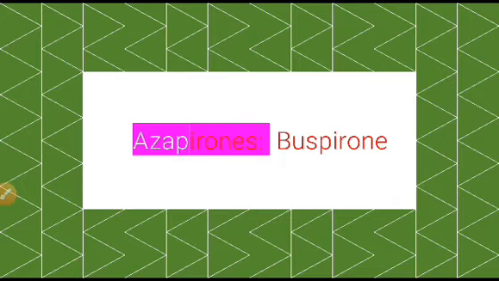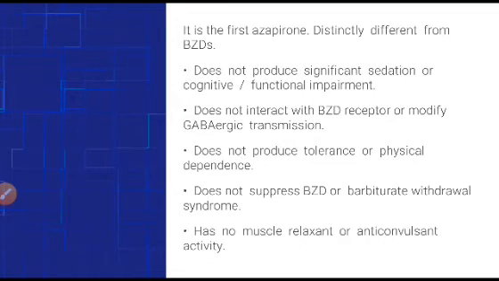Buspirone is actually the first azapirone which was discovered, and we found that it is quite different from the benzodiazepines. This drug produces no significant sedation or cognitive functional impairment, no interaction with the benzodiazepine receptor or modification of GABAergic transmission, no tolerance, no dependence, no withdrawal symptoms, no muscle relaxant activity, and no anticonvulsant activity.